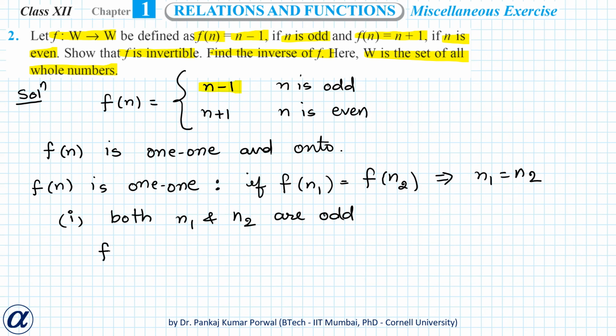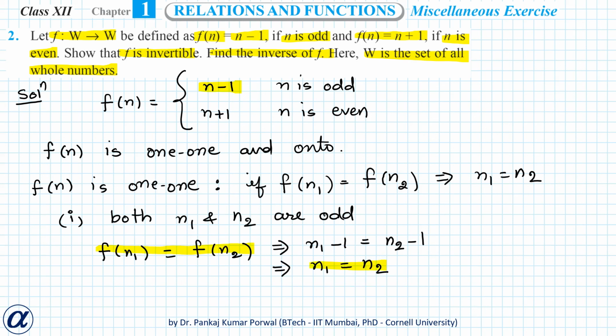So f(n1) equals f(n2) will imply n1 minus 1 equals n2 minus 1, and this will imply n1 equals n2. So f(n1) equals f(n2) implies n1 equals n2 when both n1 and n2 are odd.